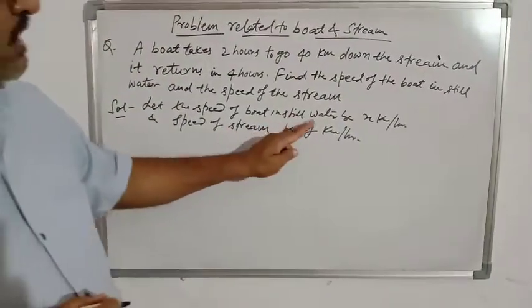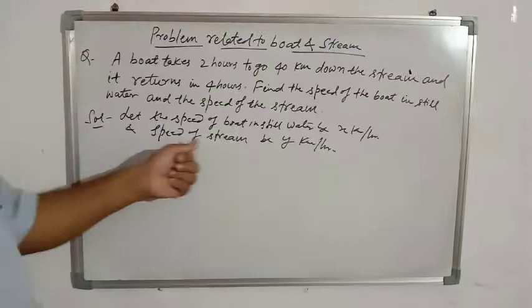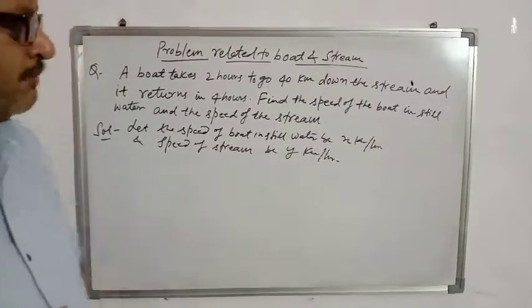Speed of the boat in still water is x km per hour, speed of the stream is y km per hour.